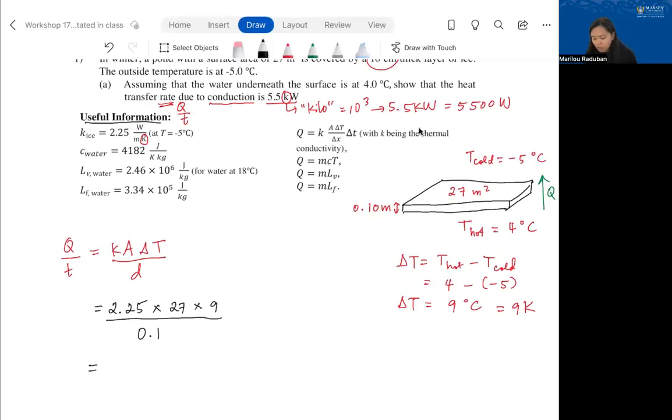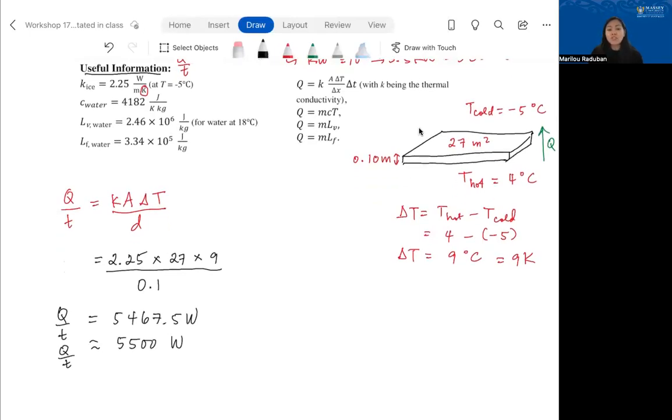Plugging everything into your calculator gives you 5467.5 watts, which you can round to 5,500 watts as indicated in the problem, which says show that the heat transfer rate is 5,500 watts. That means your answer should be what's given in the problem, 5,500 watts.